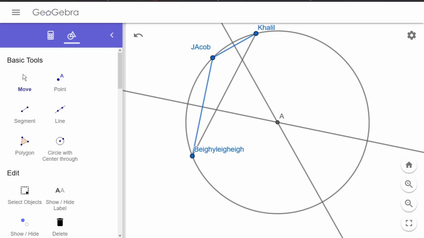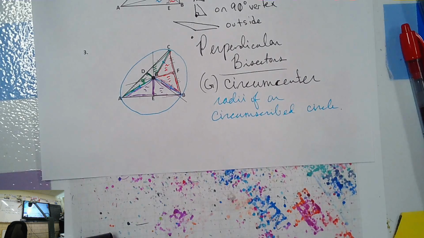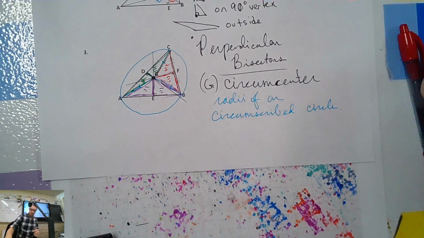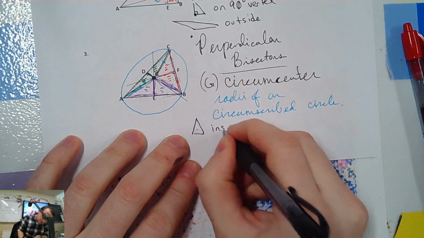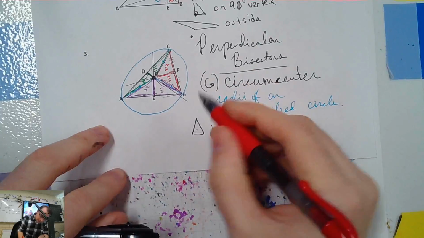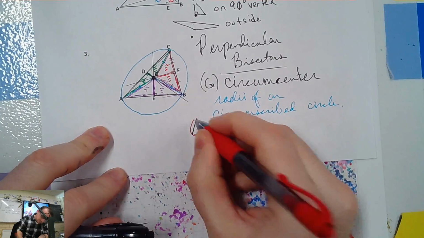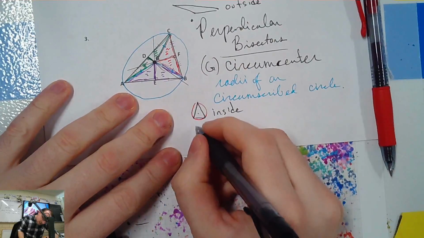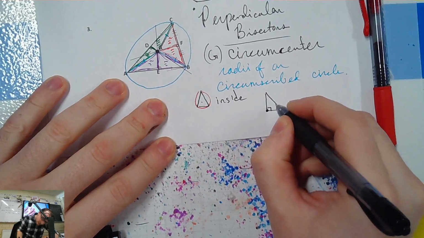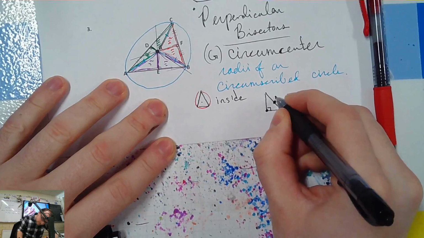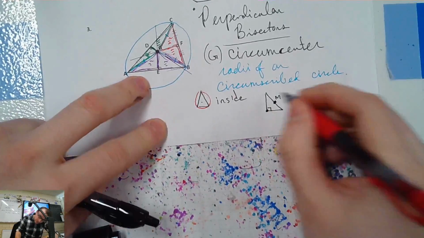So if we go back real quick before you go, do not leave when the bell rings. You're going to want to write this down. Acute inside. And the reason for that is because we have a circle that goes around like this, right? Right triangle. It's on the midpoint because we have a circle that goes like this.